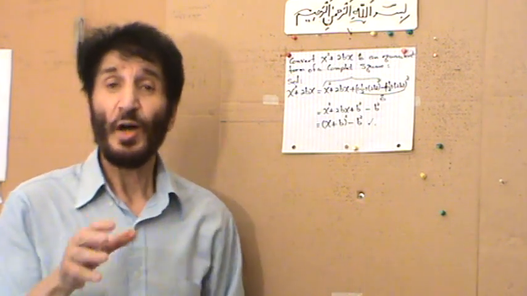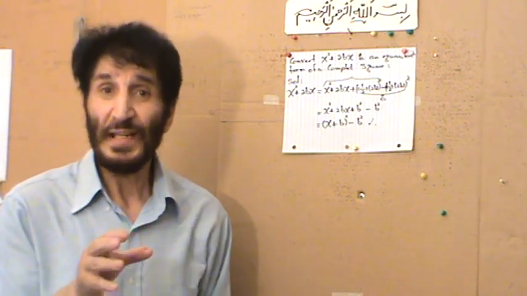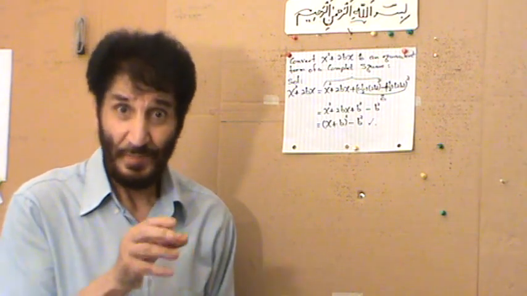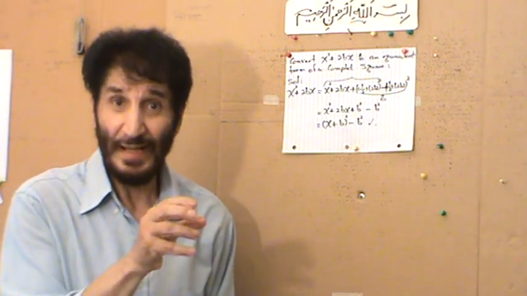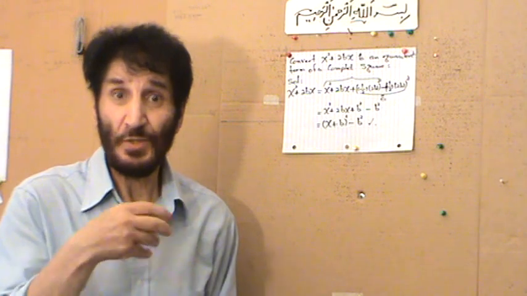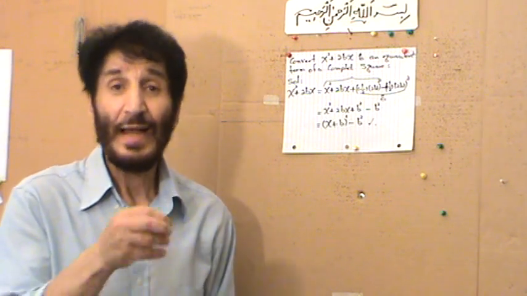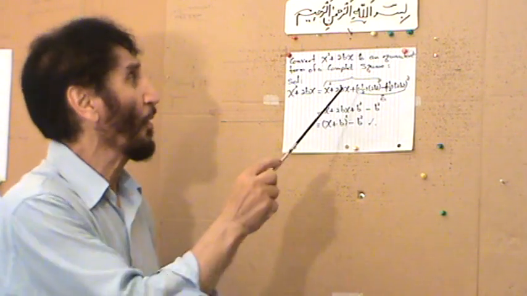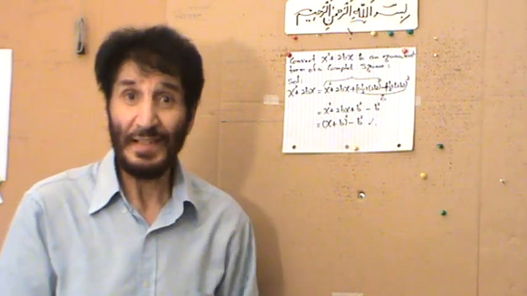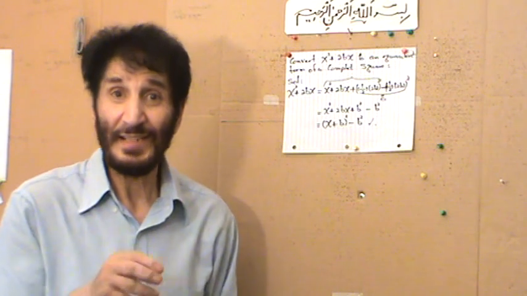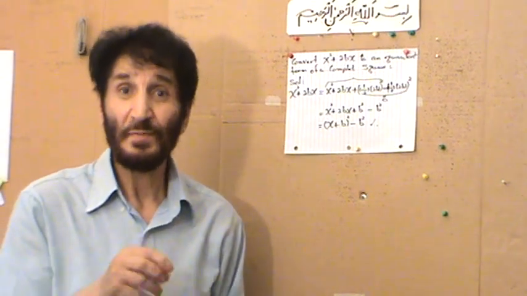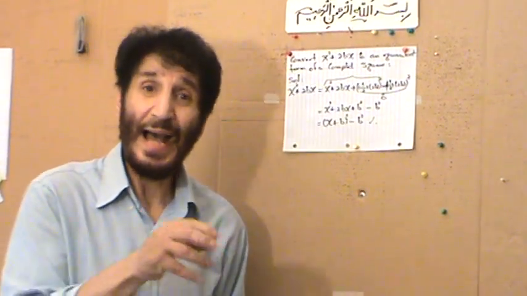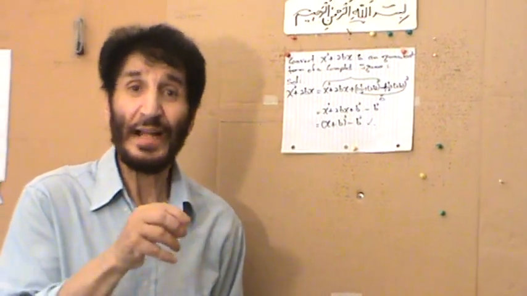In other words, I take half of the coefficient of the x term, the term that has x, half of it, square it, add and subtract. For example, if the coefficient of x is 3, half of 3 is 3 halves, squared is 9/4, add 9/4, subtract 9/4.